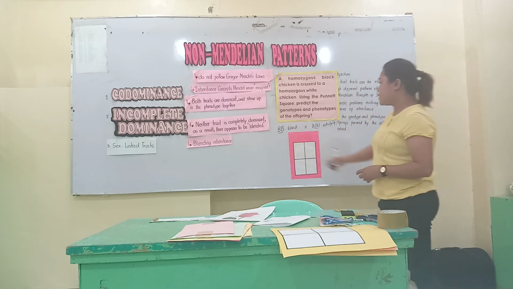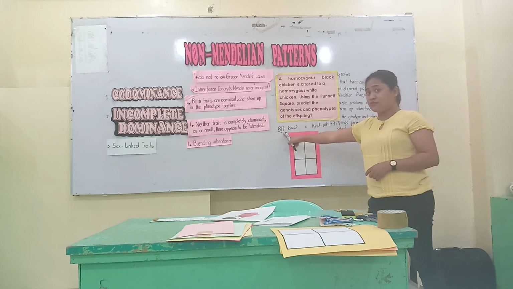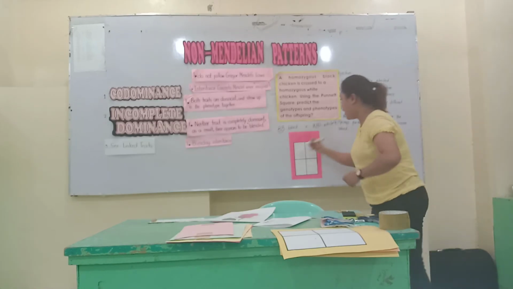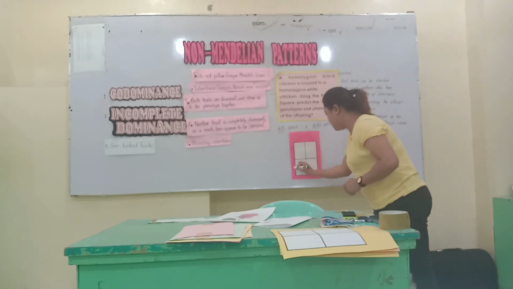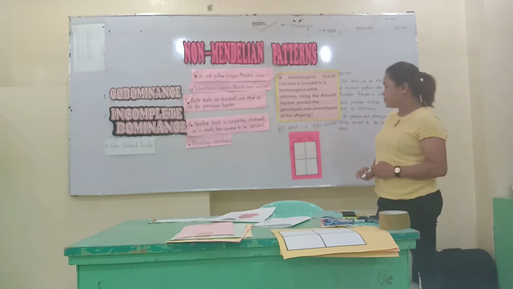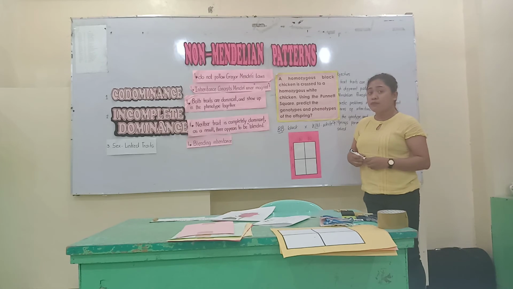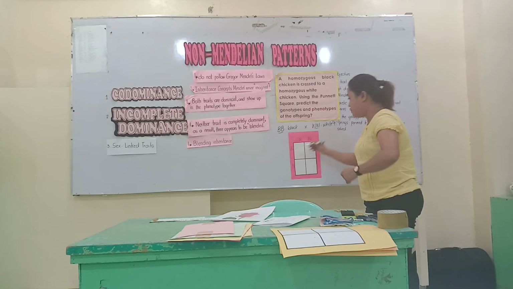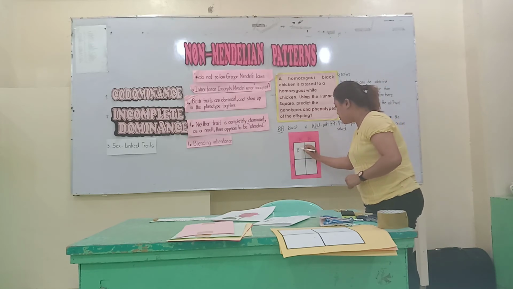So mogamit ta og black, big letters B. For white, we have big letters W. So big B, big W, big W. Same sa atong gibuhat kagaina, you copy lang for this column, kanang duha. So, you have B, W.